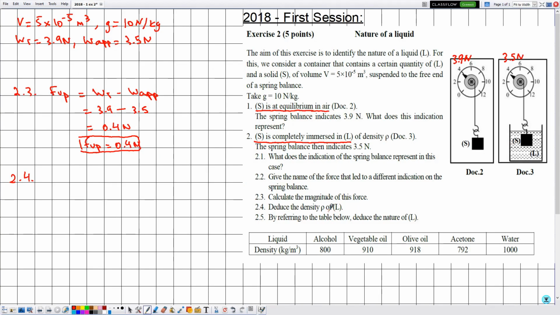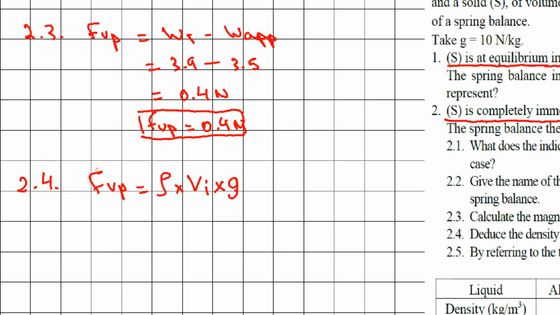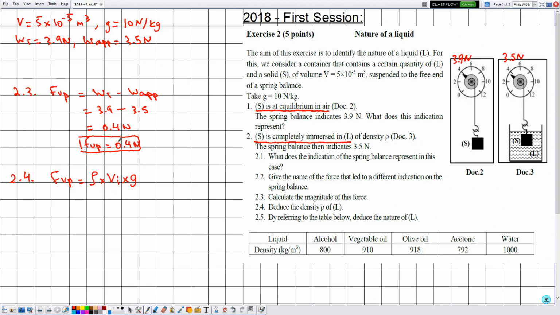And we know that the density of the liquid and the value of F upthrust are related via the following formula. F upthrust is equal to the density of the liquid multiplied by the volume of the immersed part of the object multiplied by G, in which G represents the value of the gravitational field strength, which is equal to 10 newtons per kilogram. Knowing that we are interested in calculating the value of rho, then constructing the triangle of this formula.